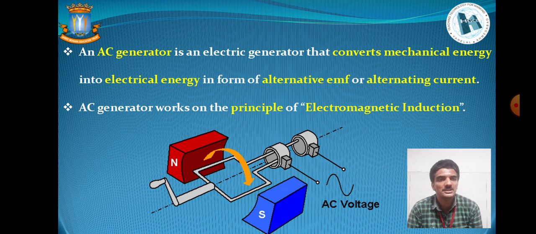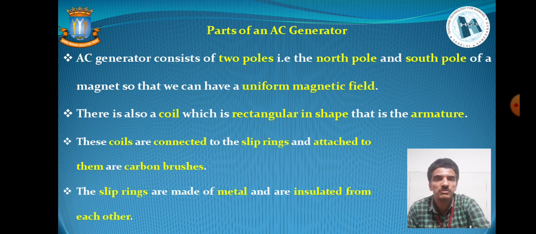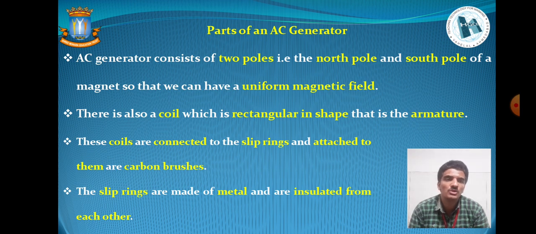First of all, the AC generator consists of two poles, as we have seen in the previous picture, the North Pole and the South Pole.